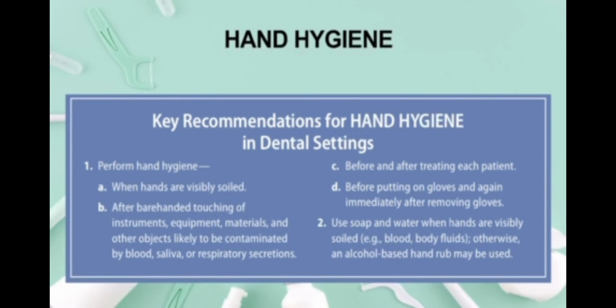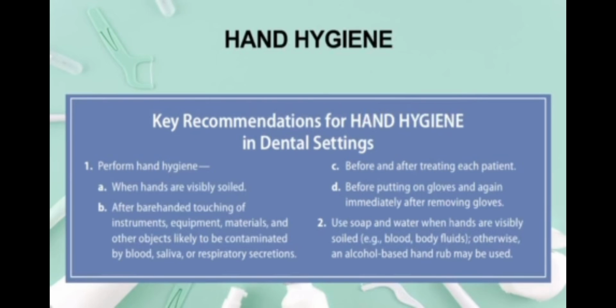Although alcohol-based hand rubs are effective for hand hygiene in healthcare settings, soap and water should be used when hands are visibly soiled, examples such as dirt, blood, and body fluids.